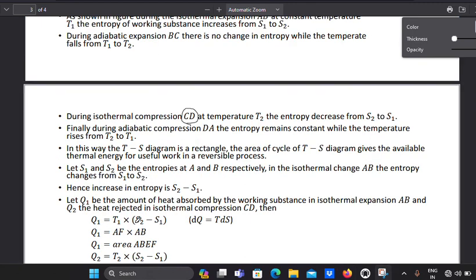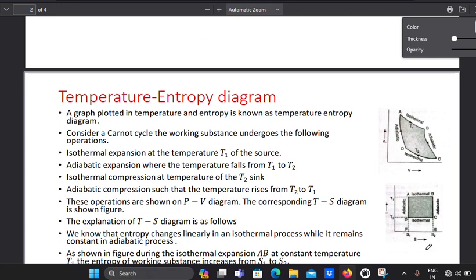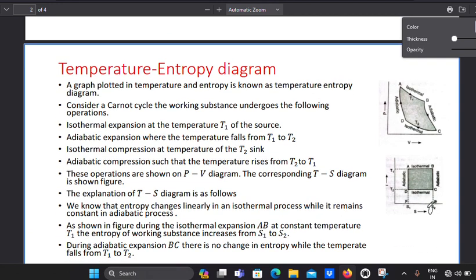And what is S2 minus S1? It is AB. S2 is this value and S1 is this one, so from here to here is simply AB. Why am I not taking CD? CD is also the same, from C to D, but I am taking only AB.